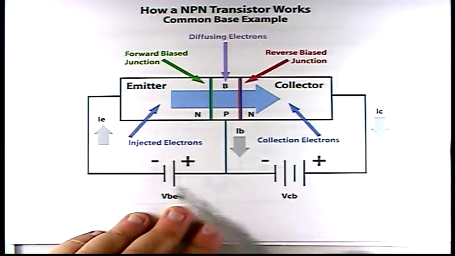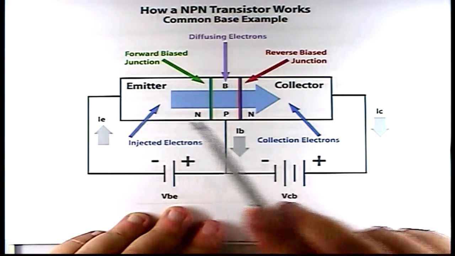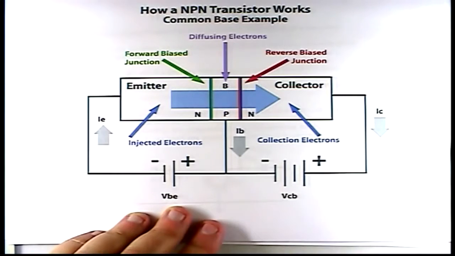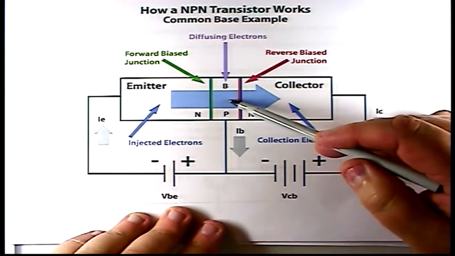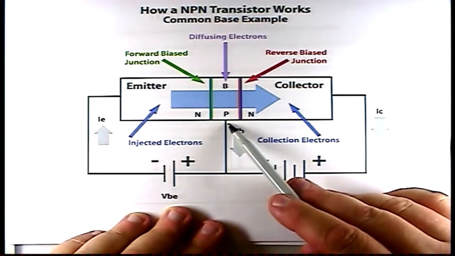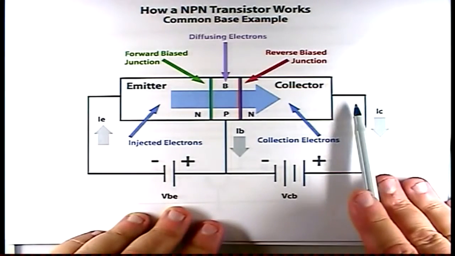We have the injected electrons that come in the emitter. We have the collected electrons which go to the collector. And by the way, diffusing electrons are what you create when you create conduction into the base. So the bias on this base junction here is going to control the amount of electrons flowing through.